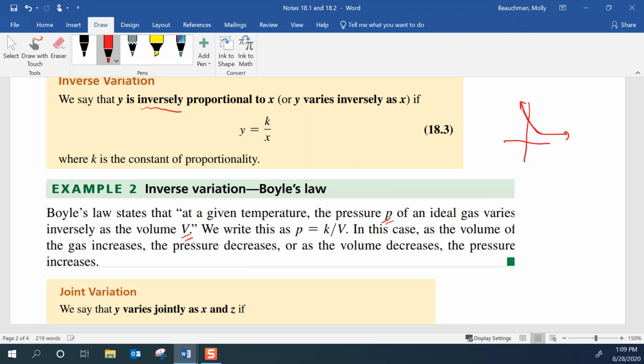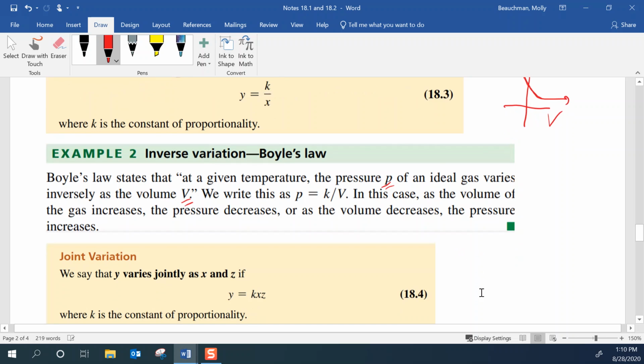In this case, as volume increases, pressure decreases.